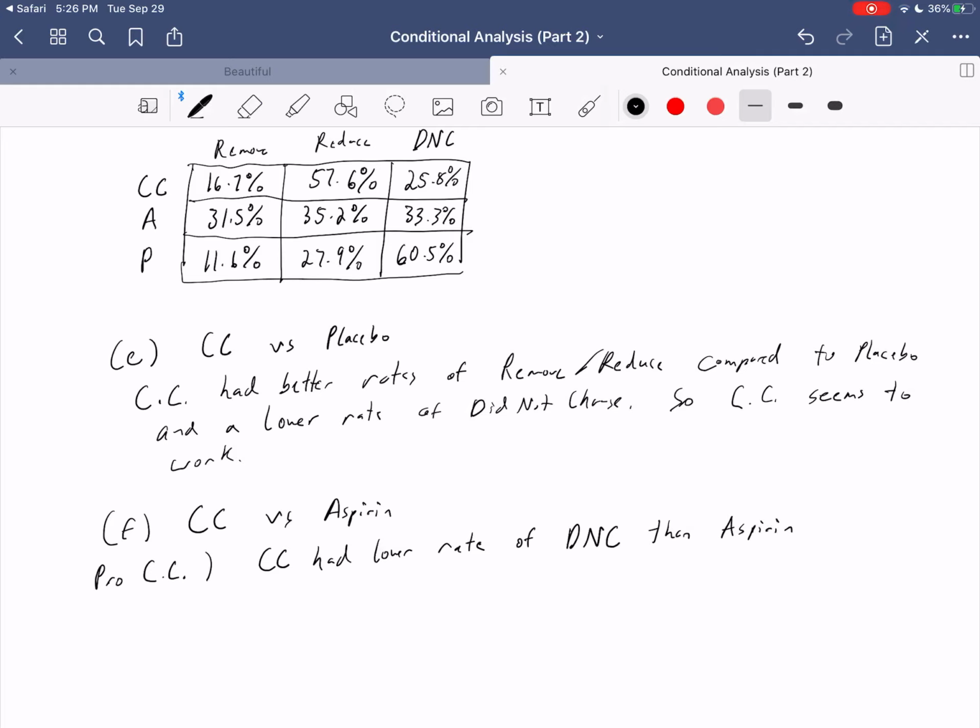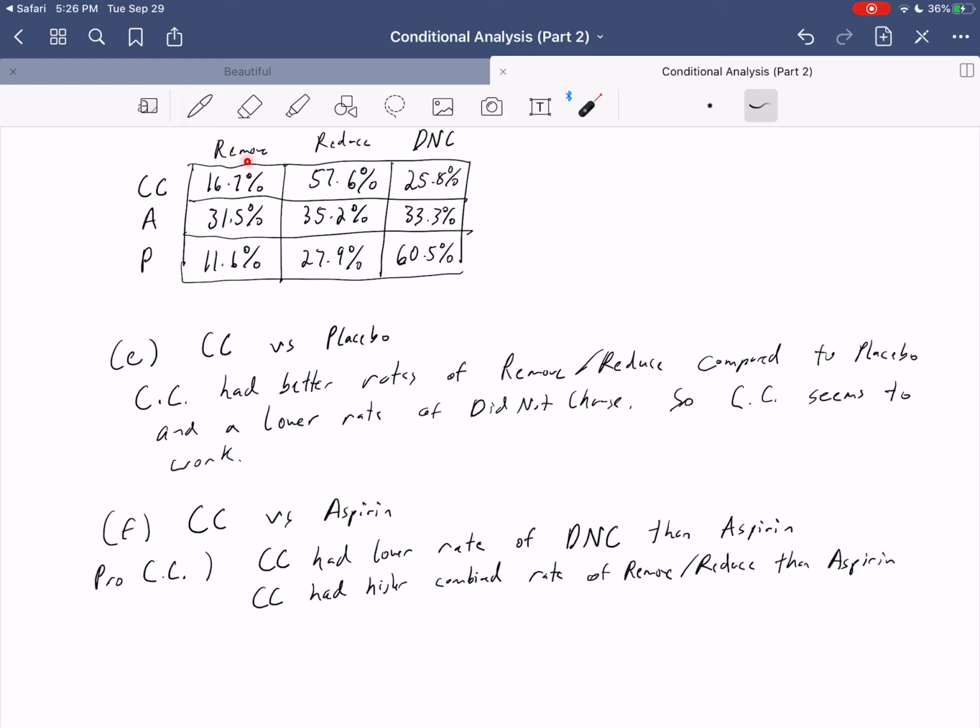You could also say, in another way, which is basically the same as what we just said, CC had the higher combined rate of reduce than aspirin. What do I mean by combined rate?